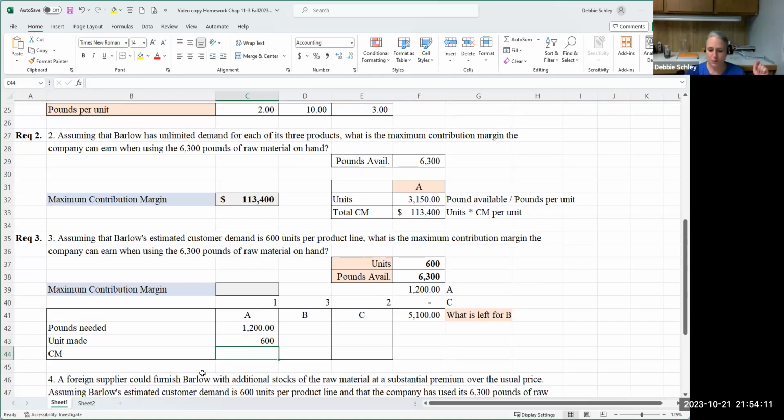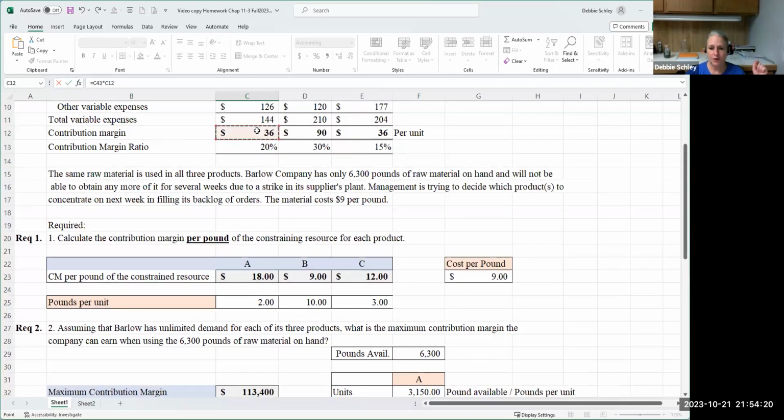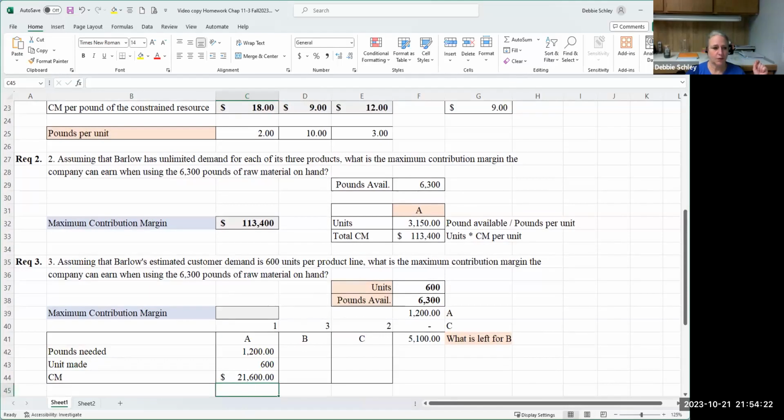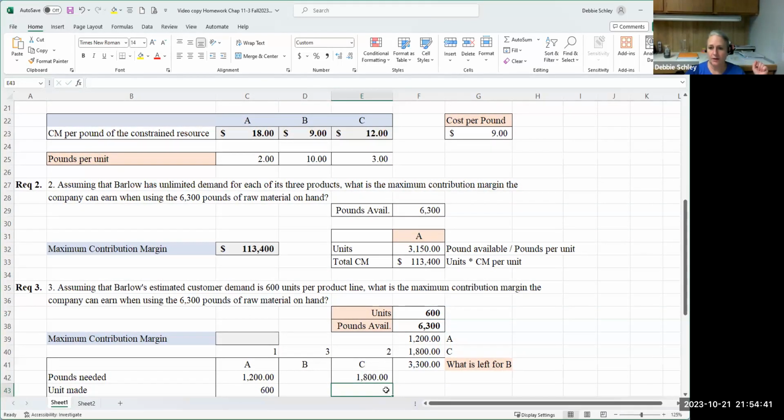And so my contribution margin becomes 600 units times the contribution margin per unit. So 21,600. Now, my next most profitable is C. And if I'm going to make 600 units of C times the pounds per unit, which is 3, that's 1,800.